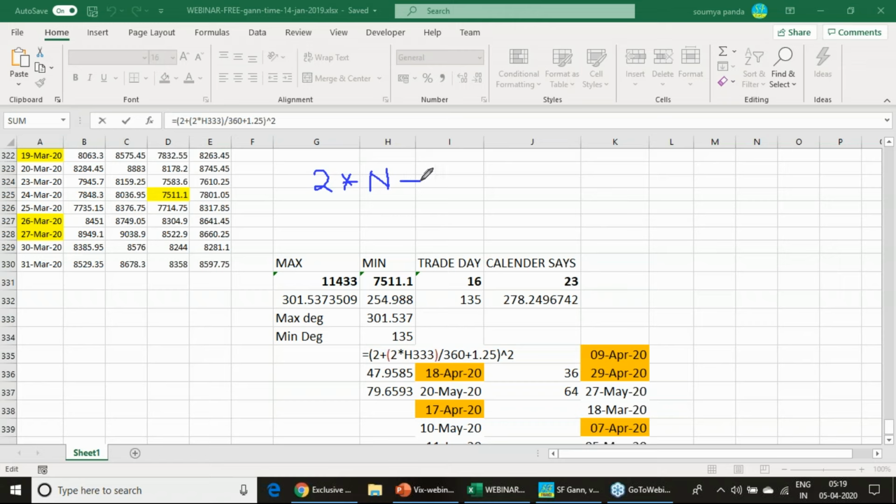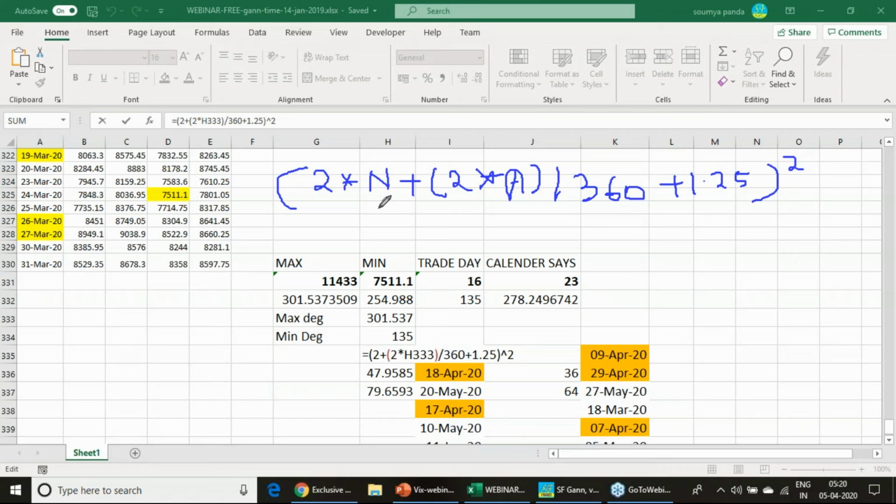Initially n is 1, plus 2 into a, where a is the angle. So 135-degree means a is 135, and this result 2 into a divided by 360 needs to be taken. Then it has to be added with one constant of 1.25. Why this 1.25? This is a constant, like pi is a constant, e is a constant. So this entire result should be squared.